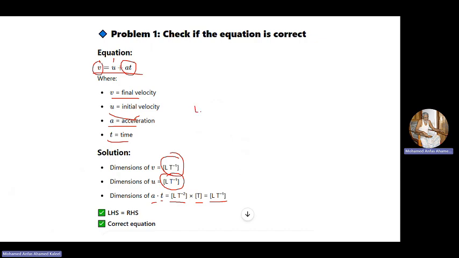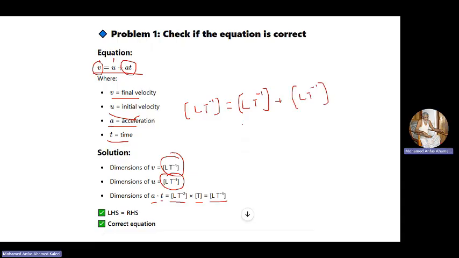The dimension of the left side is LT minus 1, the dimension of u is LT minus 1, and the dimension of at is LT minus 1.